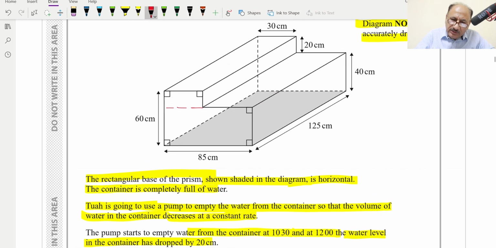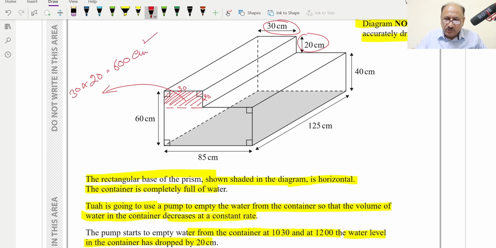This side is 30, this side is 20. From here we can check the height is this one and this one. So this area, which I am shading, is 30 into 20, which is equal to 600, and the units will be centimeter square.